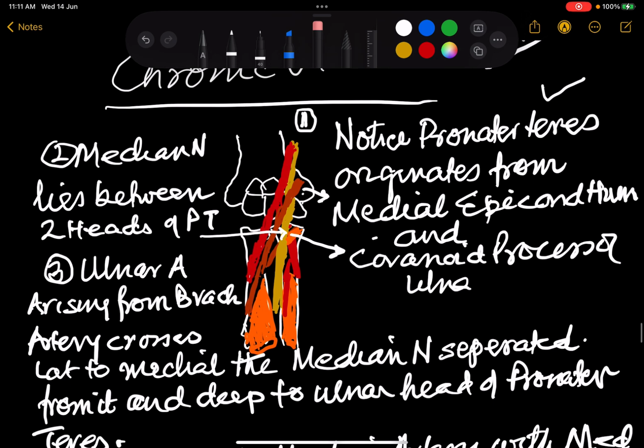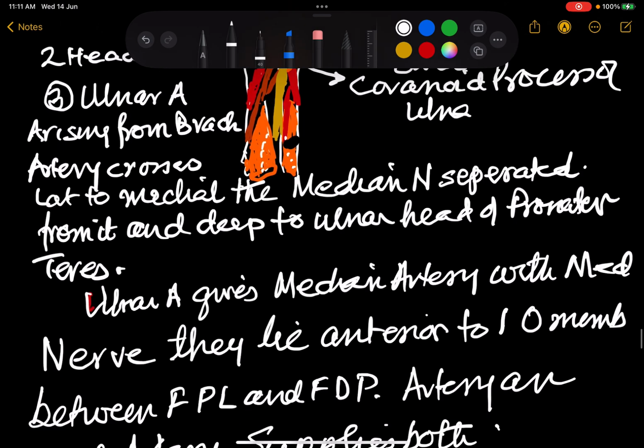Then you release the flexor digitorum profundus. You excise the muscle sequestrum formed by the flexor digitorum profundus and flexor pollicis longus, and you decompress the median nerve.